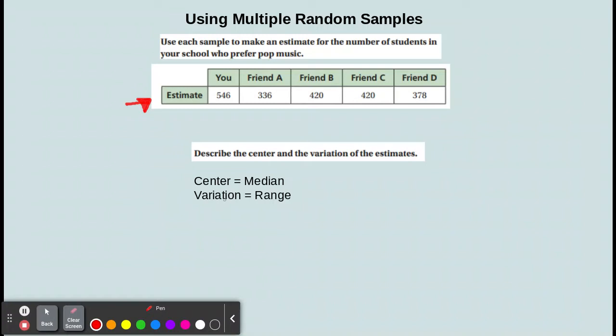Okay, so in this situation, for the measure of center, we're going to use the median. Median, remember, you find it by ordering all your data points from smallest to largest. So we have 336 all the way up to 546.